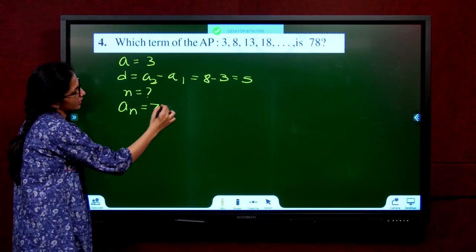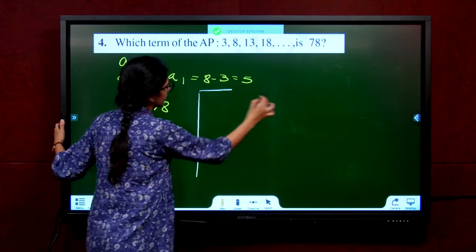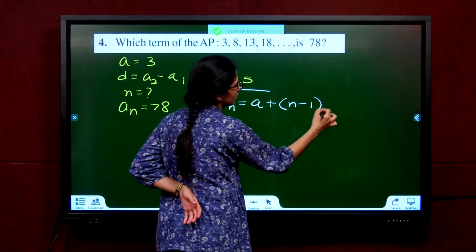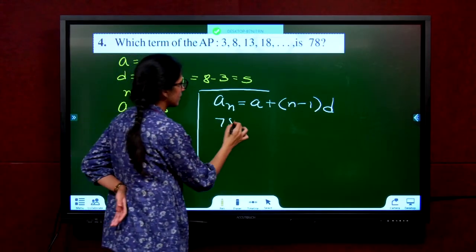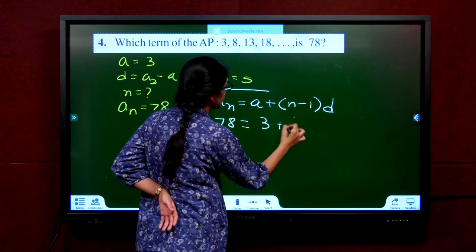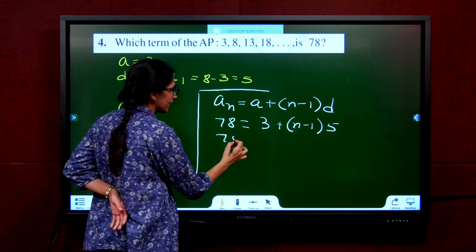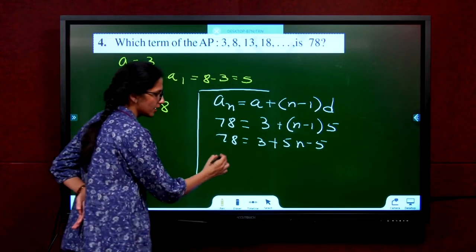AN is 78. All of us know the formula by now. AN is A plus N minus 1 into D. AN given here is 78 is equal to 3 plus N minus 1 into 5.